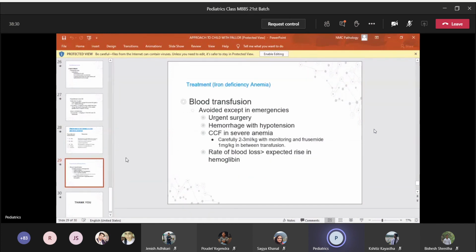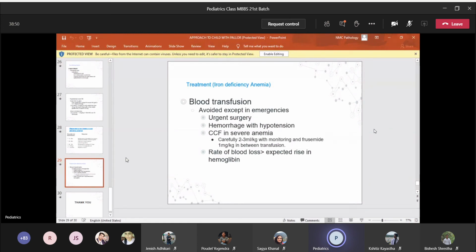In case of iron deficiency anemia, not only iron, we can also transfuse blood. Blood transfusion is given only if the patient with iron deficiency anemia needs urgent surgery. In that case, we need blood transfusion.